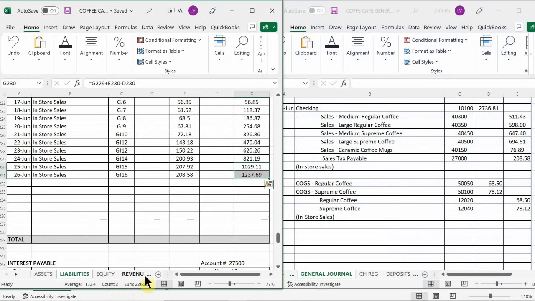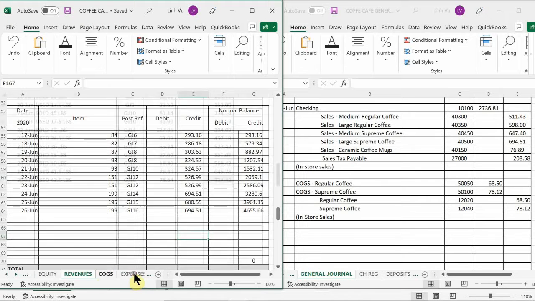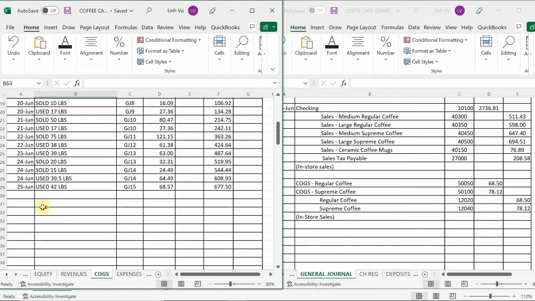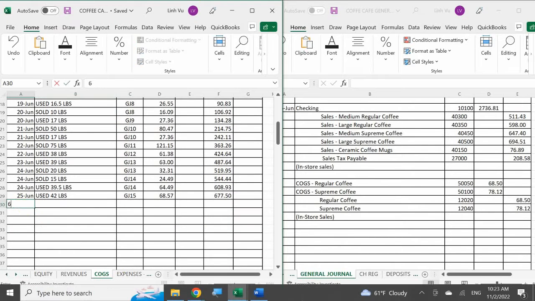Starting with my cost of goods sold. Okay, so we end up using another 42 pounds, right?